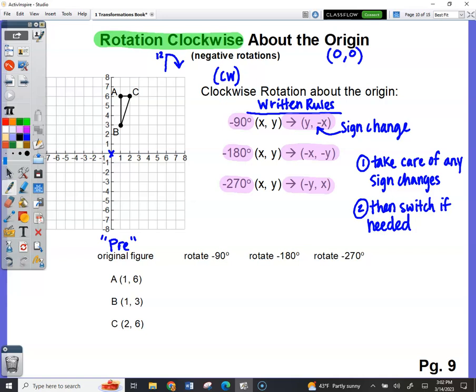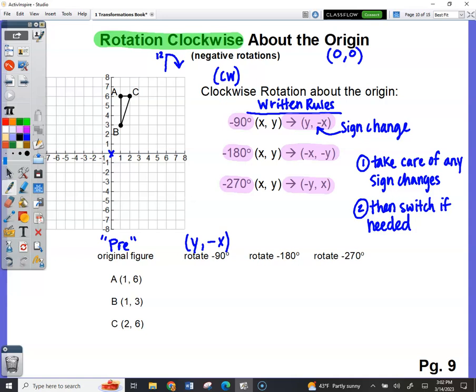Tell me the written rule. Just read it to me. It's highlighted. Thank you. It's y negative x. That's what I mean by tell me the written rule. It's y negative x. Now let's address what this means to do. This means change the sign of which one? And then take them and switch them.